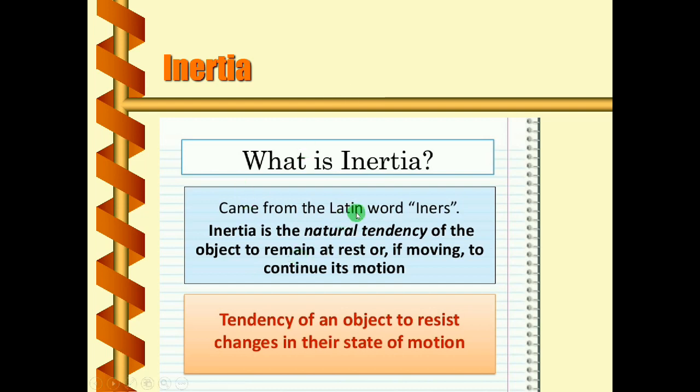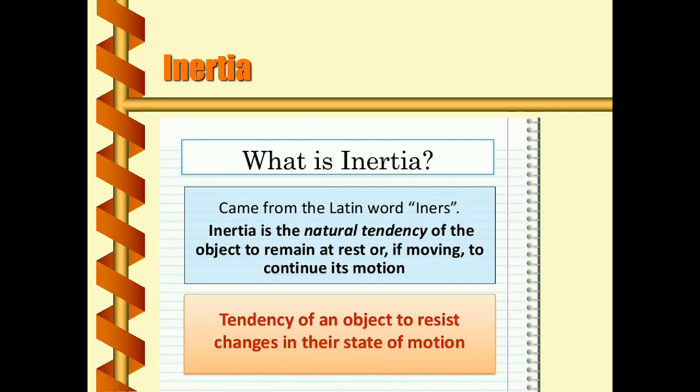Inertia is a natural tendency of an object to remain at rest, or if moving, to continue its motion. So the tendency of a body to resist any change in its state of motion or rest is known as inertia.